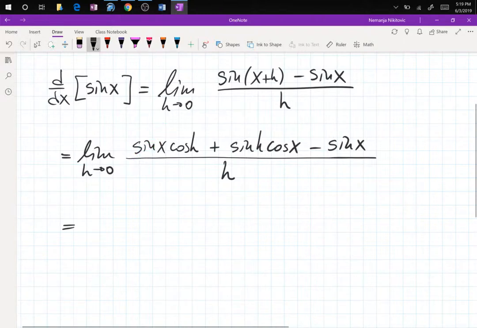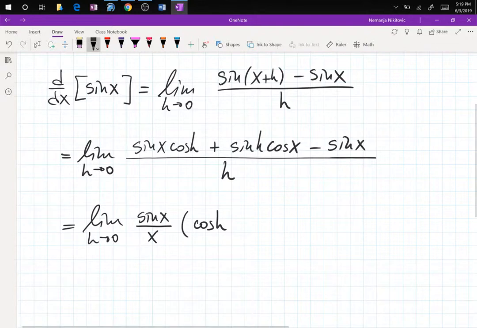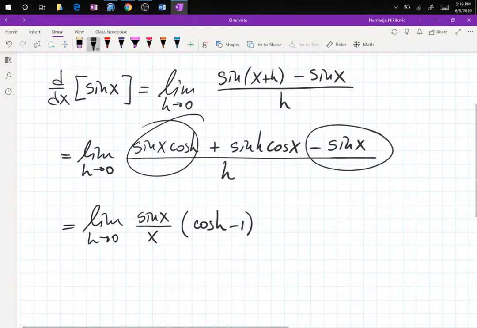So we start with the limit as h goes to 0, and then I factor out sine x, and what's left is cosine h minus 1. Sine x is canceled out? No, you're factoring between these 2 terms. So when you factor out sine x, you get cosine h minus 1, over h.